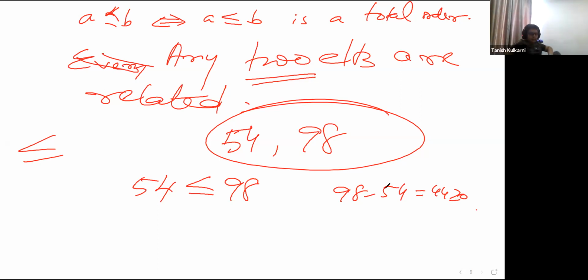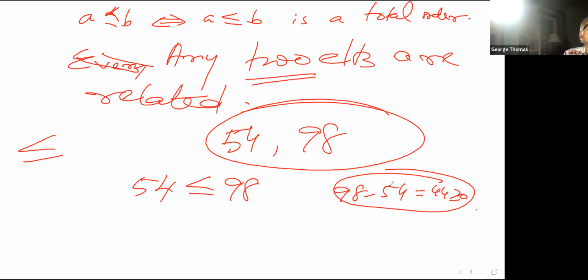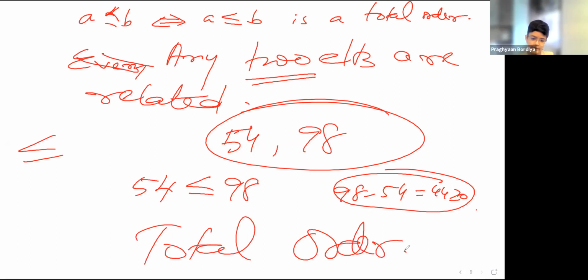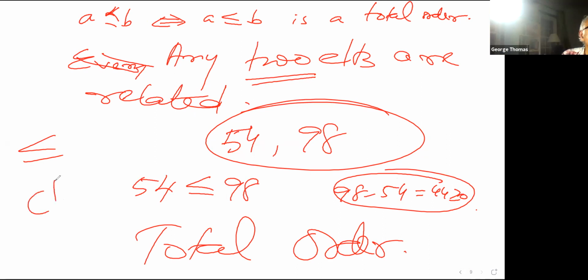Yes, and we know all this stuff. What I am saying is that this is a partial order where any two elements are related. Therefore, it is a total order. So here is an example, like a chain. This is an infinite chain.